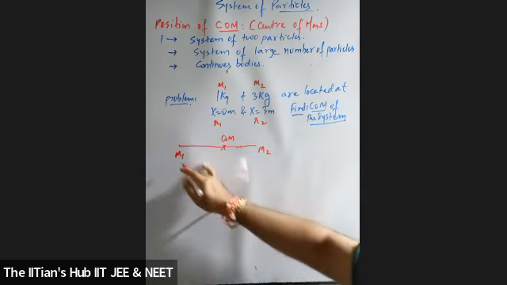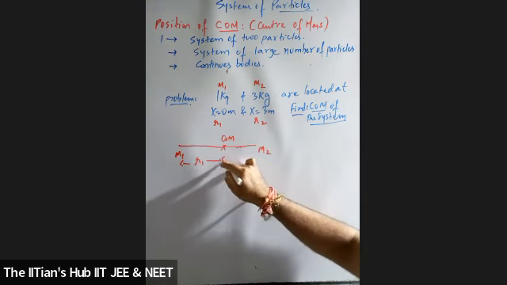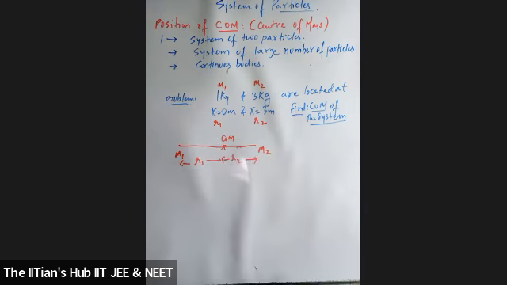Agreed? Let us take this distance as r1 और ये distance r2. Agreed? Now, how do you look at the center of mass for this?